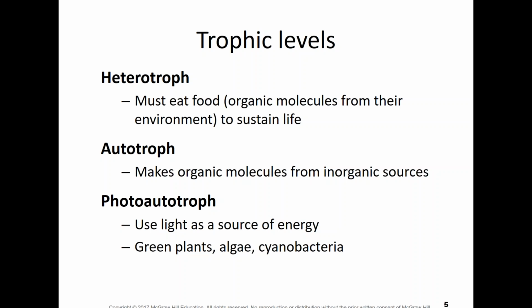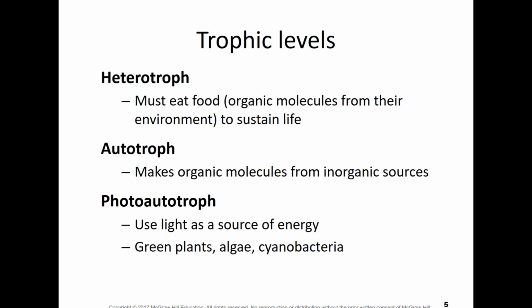And if you remember when you are talking about the way that we acquire energy or food, we talk about whether or not we are autotrophs or heterotrophs. Heterotrophs must gain food and energy from outside of themselves. They must ingest it or absorb it. So they get the organic molecules that provide them with energy outside of themselves.